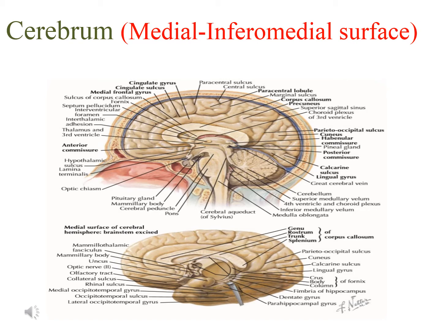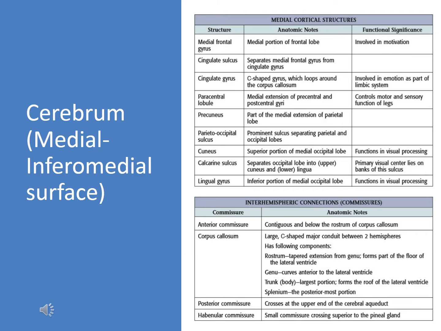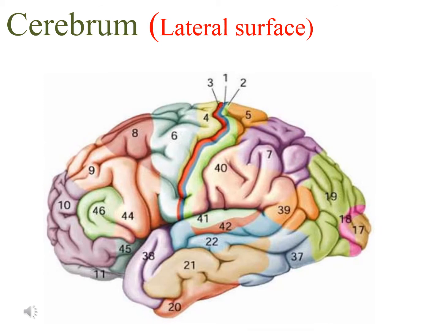Also, you can notice the tentorium, which separates the cerebrum from the cerebellum and part of the brainstem inferiorly. And here is a summary of the important landmarks you can notice on the medial surface of the cerebral cortex. The medial surface of the cerebral cortex is a seat of many of the Brodmann's areas.